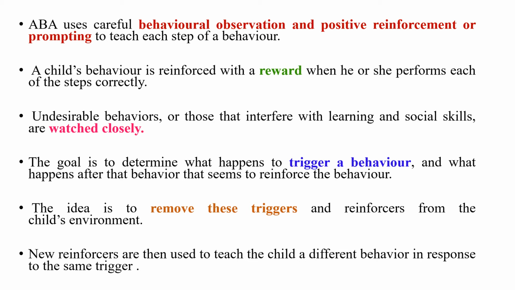So the new reinforcers have to be identified, and that has to be used to teach different behavior which is desired in that environment, to elicit a good response to the same trigger among the children with intellectual disability or children with developmental delay.